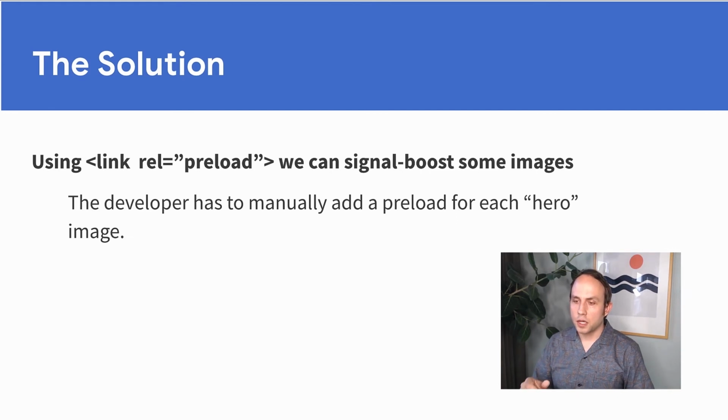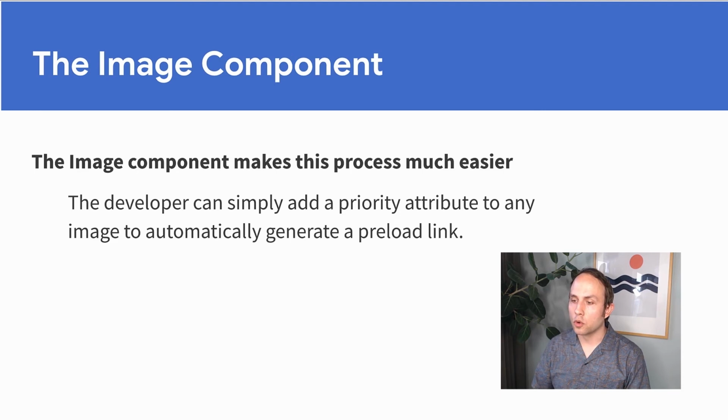With the image component, this is not necessarily automatic. I've looked into sort of programmatically detecting the most important images, and it's a pretty challenging task. So the current best solution is to give people the opportunity to identify which images they believe are the hero image of their page using an attribute called priority. So for the ideally 1 to 4 images that you believe are going to be kind of the hero section of your page, you apply the priority attribute, and then the image component automatically adds a preload link into the header for you.